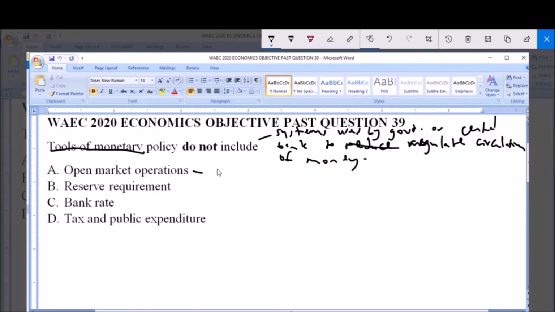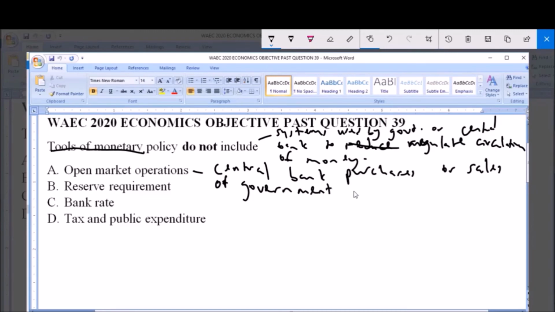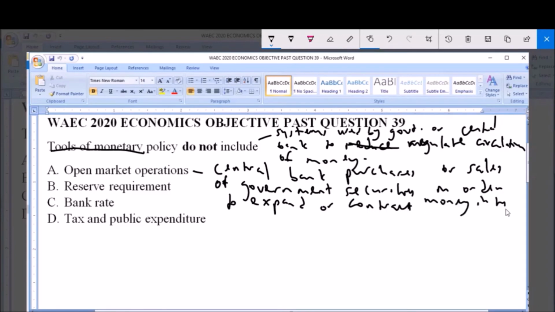Now let's look at the options and see which one cannot be classified under the tools of monetary policy. Now option A says open market operation. Now it refers to central bank purchases or sales of government securities in order to expand, that is increase, or contract, that is decrease, the money in the banking system.